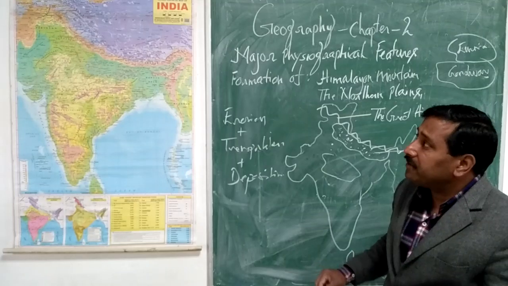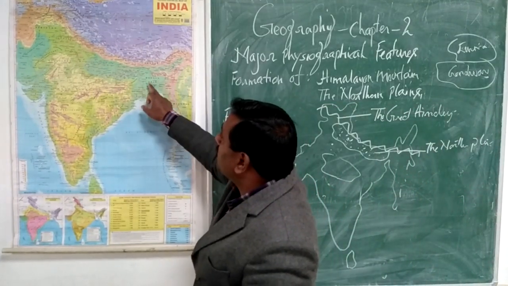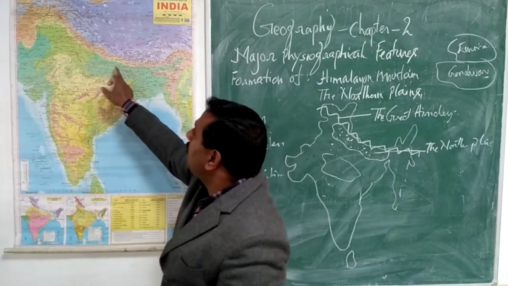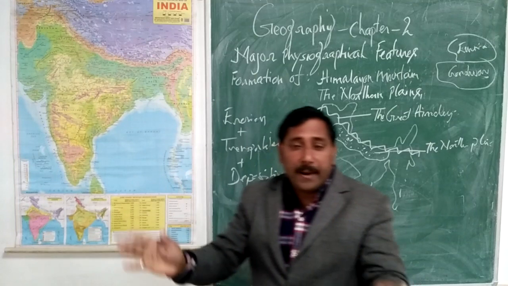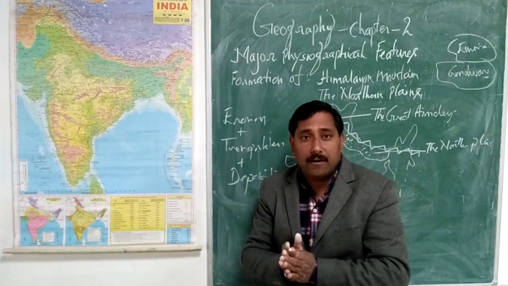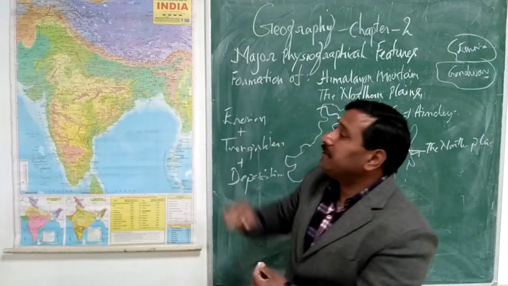These are the three rivers of our country: the Brahmaputra, the Ganga and the Indus. And it is the interplay of these rivers that these fertile lands of the northern plains of India have developed.